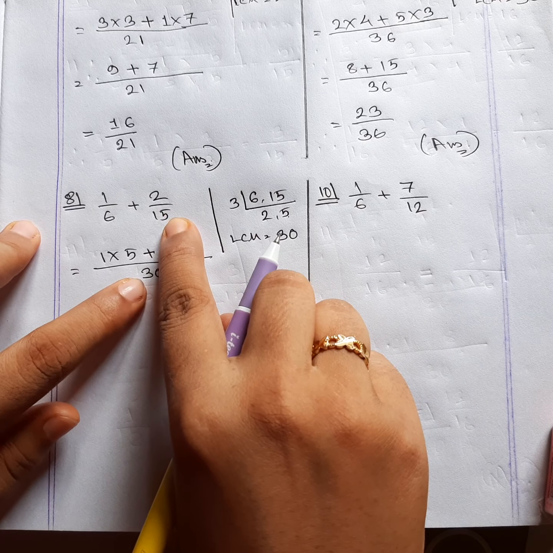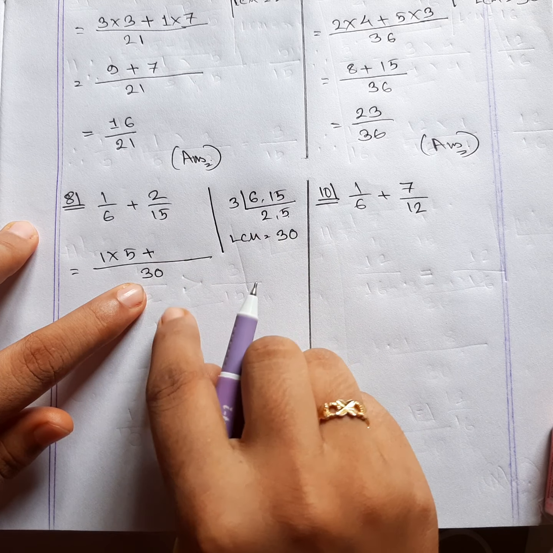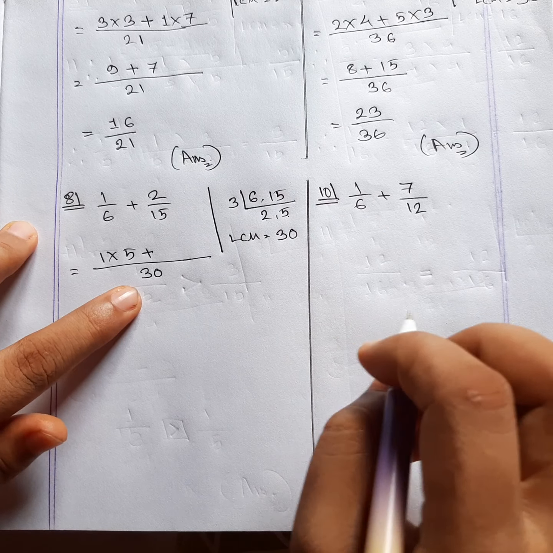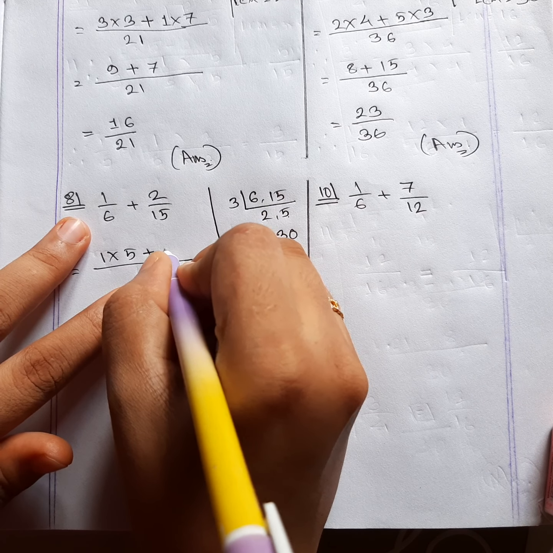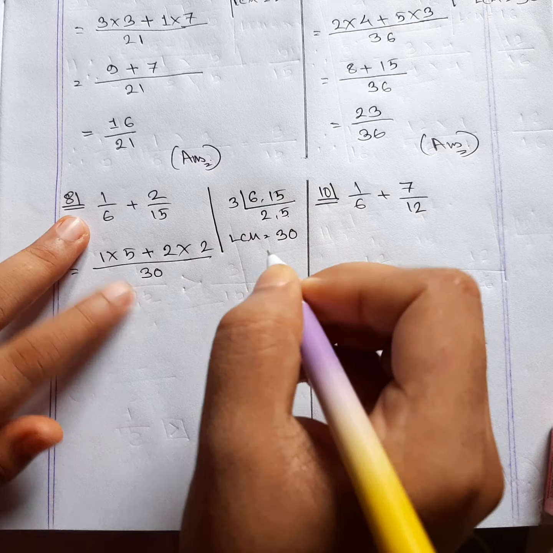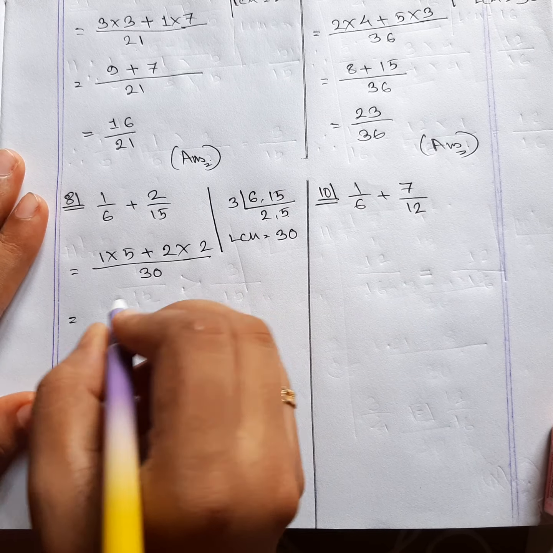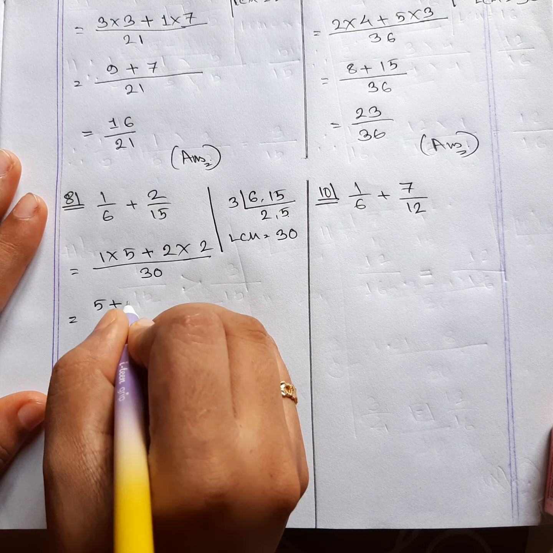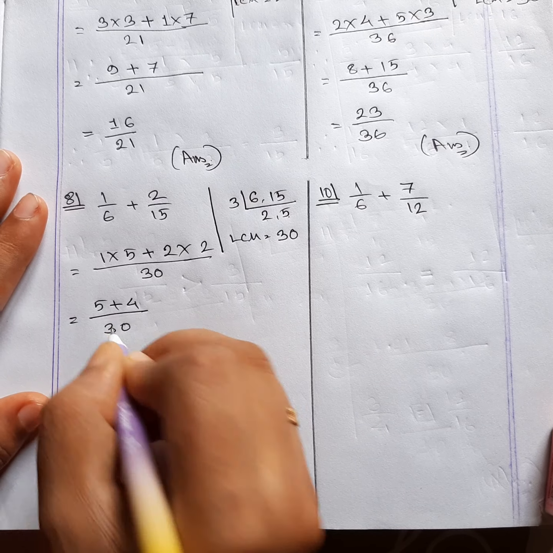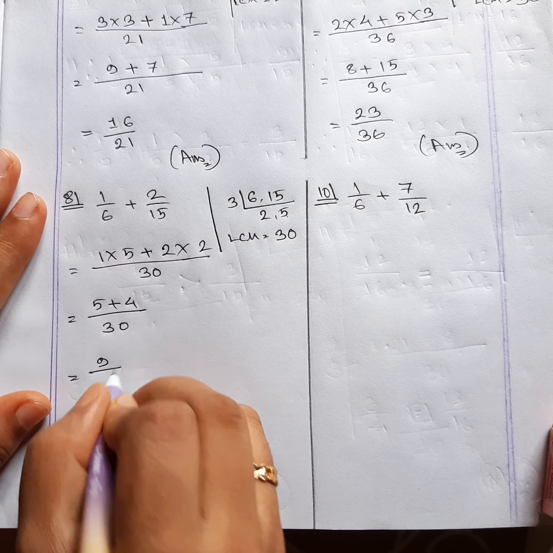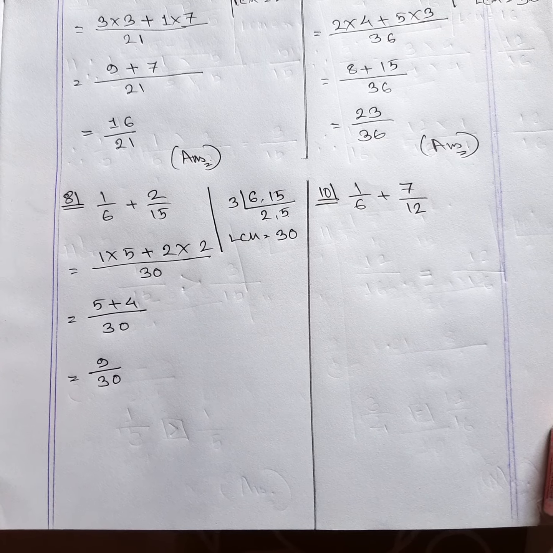Dividing the LCM with the second denominator, which is 15, then we will get answer 2, and this 2 will multiply with the second numerator. 5 plus 4, 30, and it's 9 by 30.